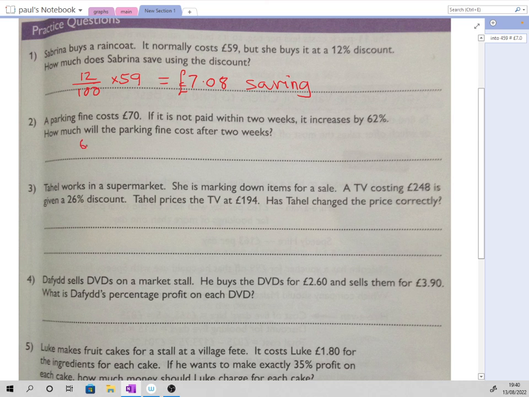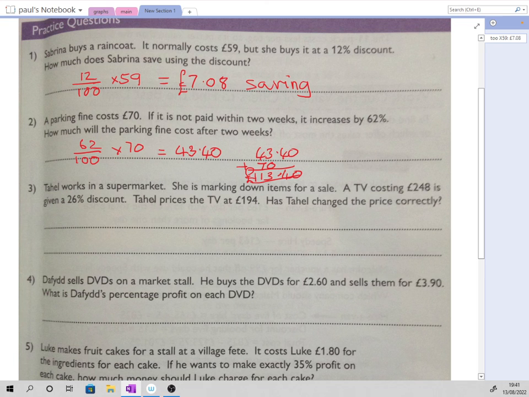So 62 over 100 times 70 will give us what 62% is. 62 divided by 100 times 70, that equals £43.40, £43.40, and if we take 43.40 and add on £70, the new price, wow, £113.40.